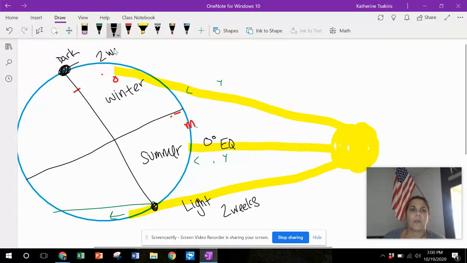I could be completely wrong with this, but I know they do have 24 hours of light and dark, and it takes about 2 weeks to get any decent amount of light or dark. So Earth's seasons are because of the tilt of the Earth.